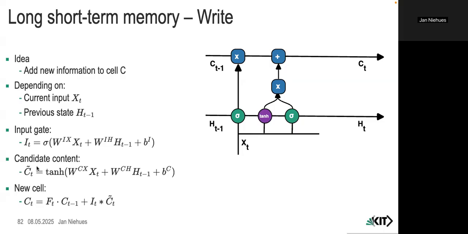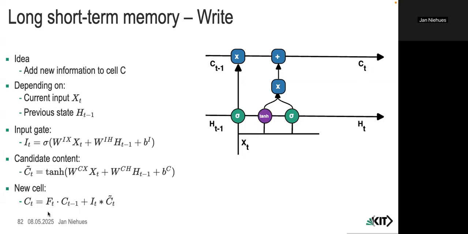So based on your input, you're first deciding, should I write or not? And then secondly, based on that, you're either writing or you're not writing. That then combined with your cell state and your forget gate will give you your new cell state. So the new cell state Ct is first, we take our forget gate and multiply it with the old content.